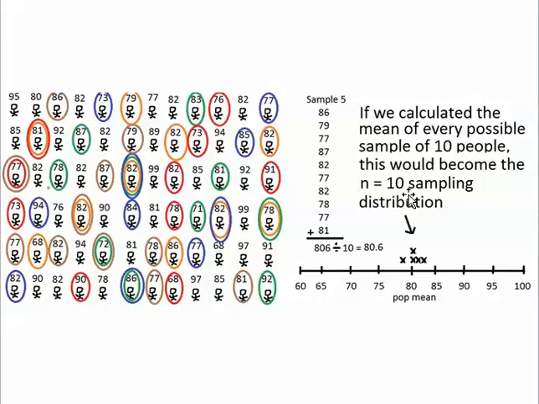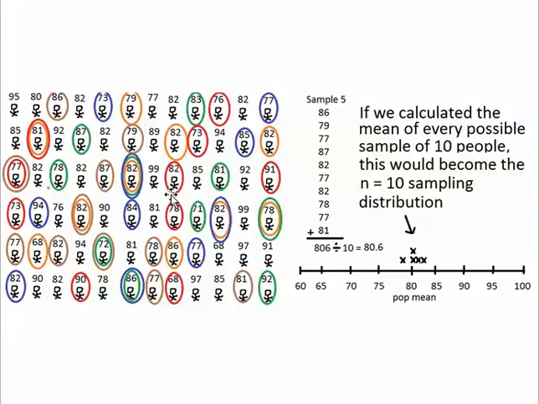Before we move on from this example, I wanted to mention that there's actually a different sampling distribution for every possible sample size. So far, we've only looked at the sampling distribution for the sample size of 3 and the sampling distribution for the sample size of 10.